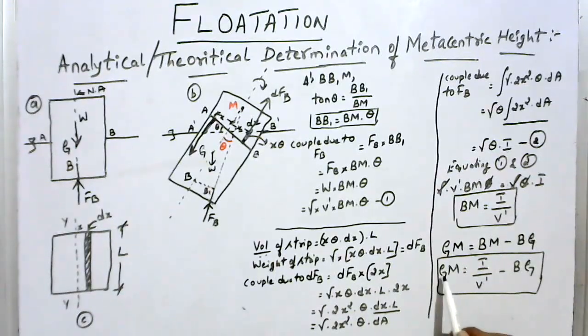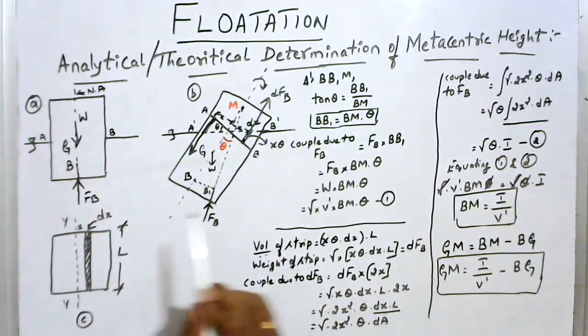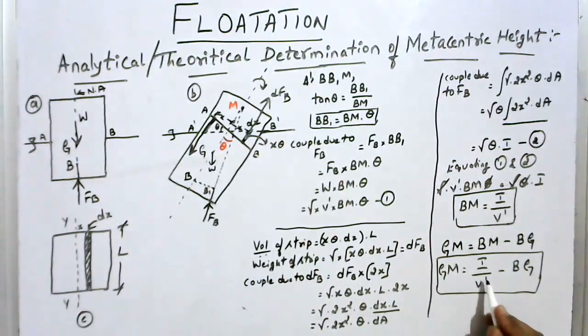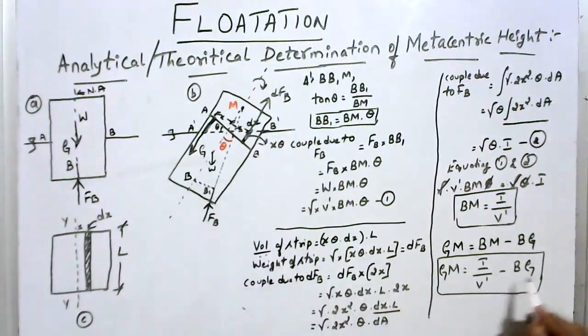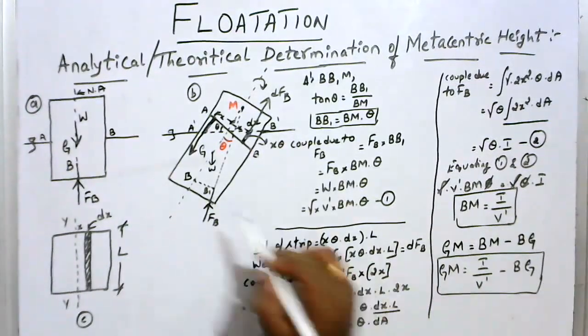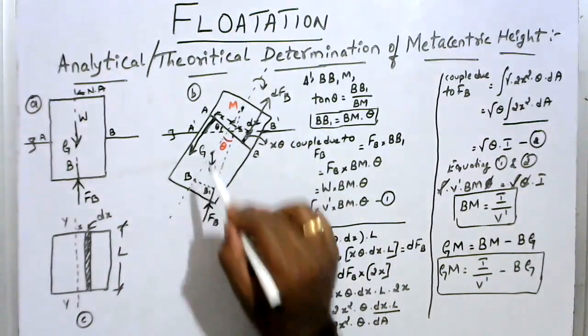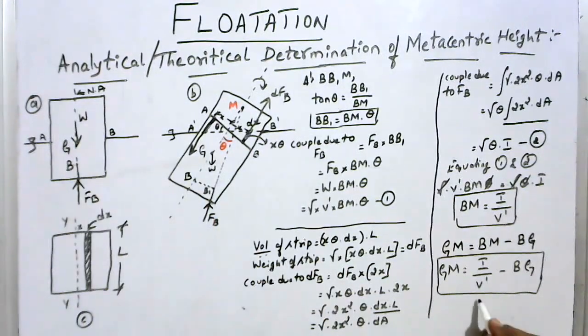Here Gm represents the metacentric height, I represents the moment of inertia of the plane area at the liquid surface, refer to figure C, and V dash is the volume of the immersed portion of the body. Bg represents the distance between the center of buoyancy and the center of gravity, which you can get. So this is how you can find the metacentric height analytically.